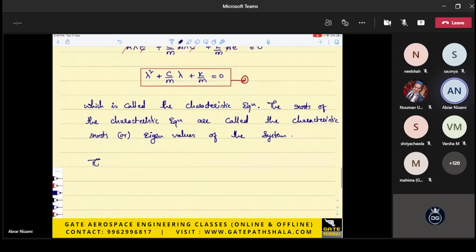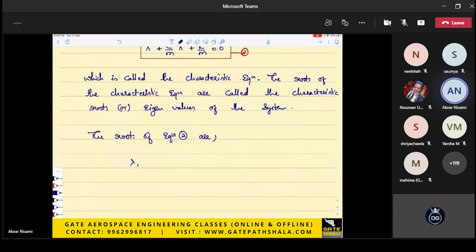Right. The roots of equation 2, that is the characteristic equation, are lambda 1, 2 equals minus c by m plus or minus under root of b square, that is c by m whole square, minus 4ac. A is 1 and c is k by m, whole divided by 2a.